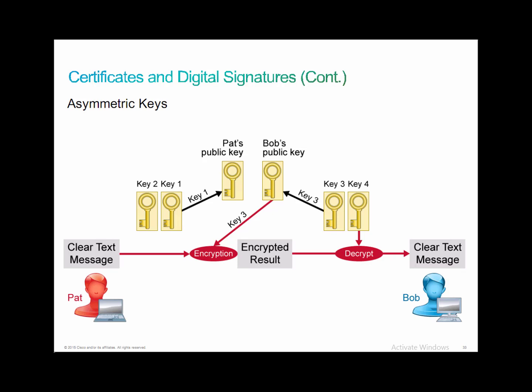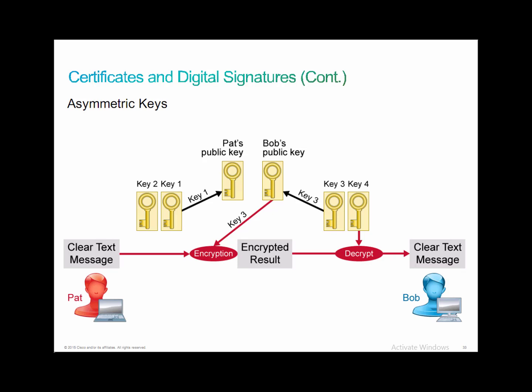So if Pat, for example, wanted to send data to Bob, and Pat wanted to hide that data so that nobody else could read it, the first thing Pat would have to do is get Bob's public key and use that public key to encrypt the data. Then Bob, once he receives the information, would decrypt that data with his private key.